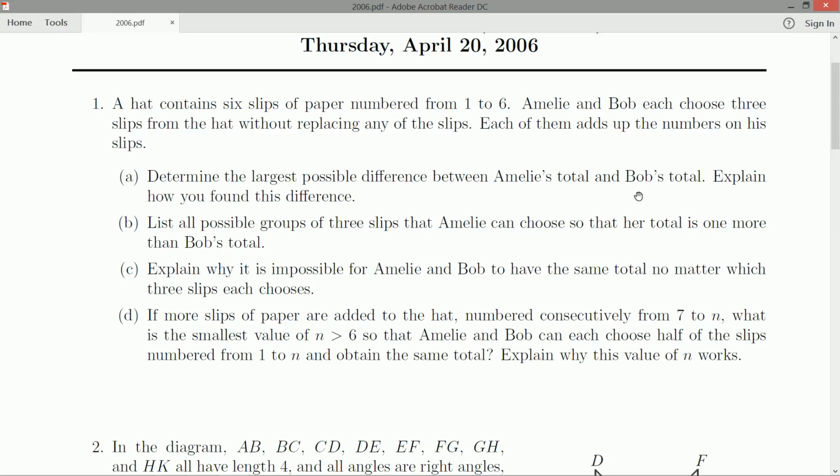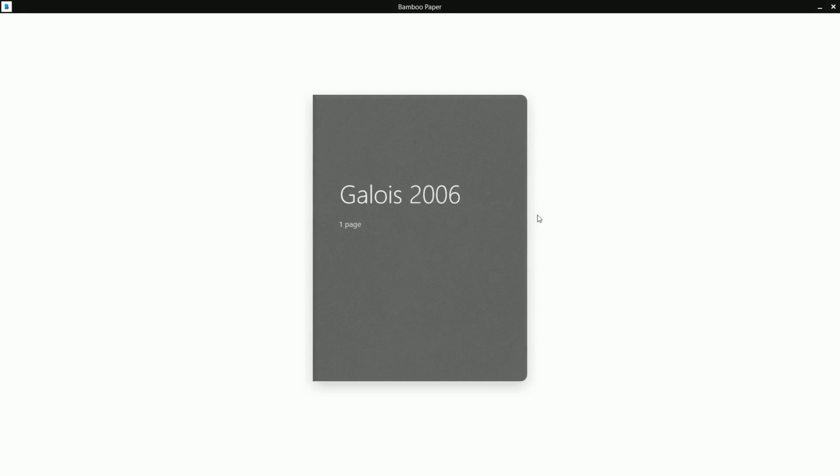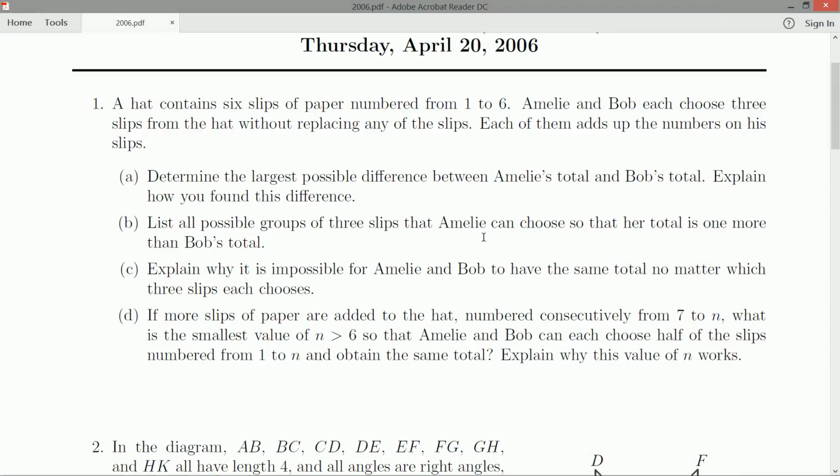Well, if we go into our notepad, I think it suffices just to say something to the effect of, so to maximize the difference, and it doesn't have to say, they don't necessarily want Bob's highest or lowest, right?